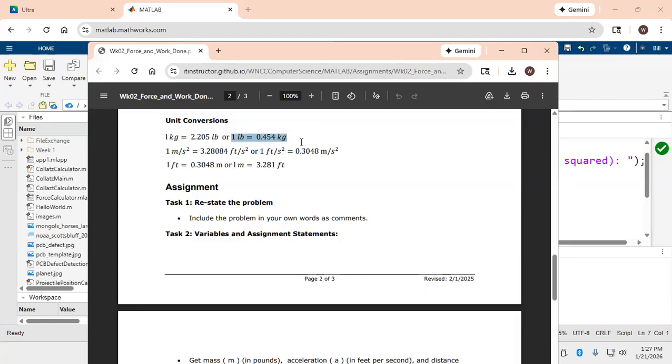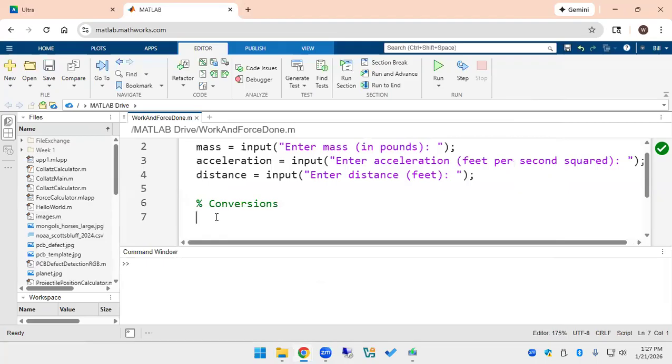Yep, and usually what I do is I copy out the formula so I don't have to look at two things. So I've selected it with my mouse. I do Control C to copy it. And I will paste it in here with a comment sign. So then I can see the formula. That's supposed to be a G. Sometimes things go across weird. There. Because we know it's supposed to be 1 pound to kilograms.